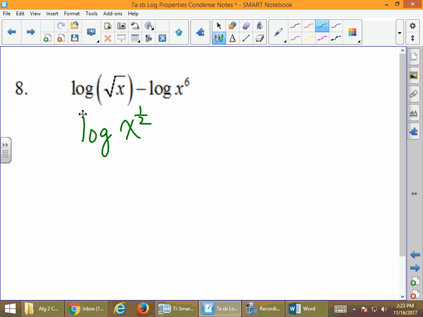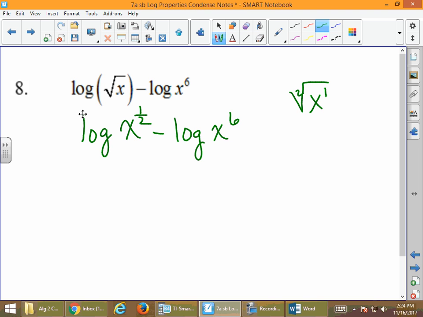We can use a fraction exponent, which is going to help us simplify this problem. And just a reminder here that there's no number in the checkmark part of the radical, so it's an understood 2. There's no exponent on the x, which is an understood 1. And the number in the checkmark part is what's going to go in the denominator. It's x to the 1/2. Over here, minus log of x to the 6th.